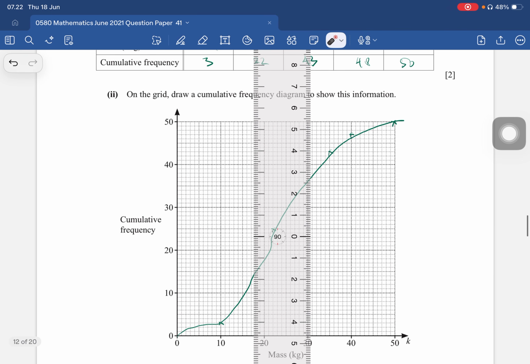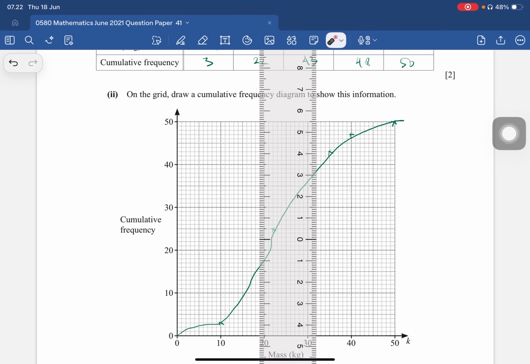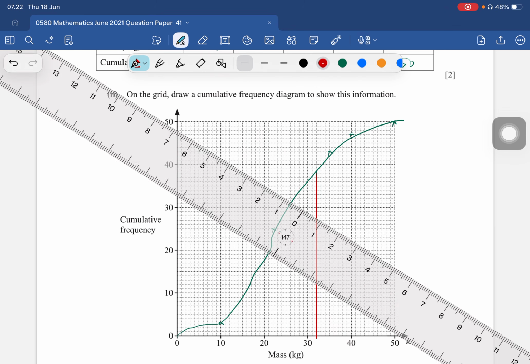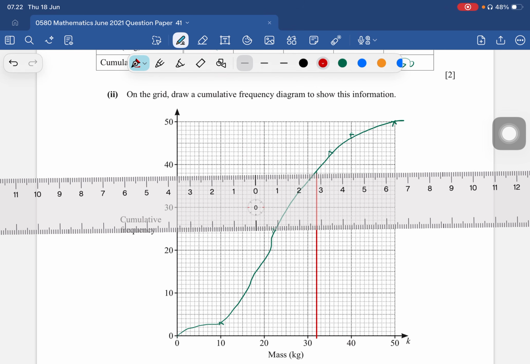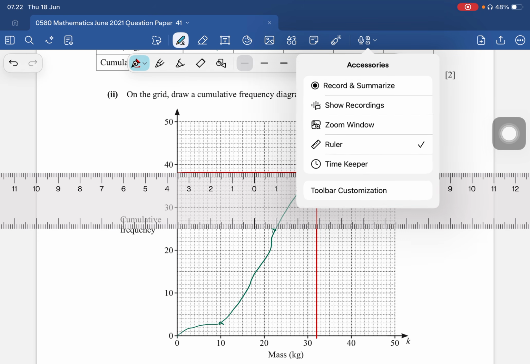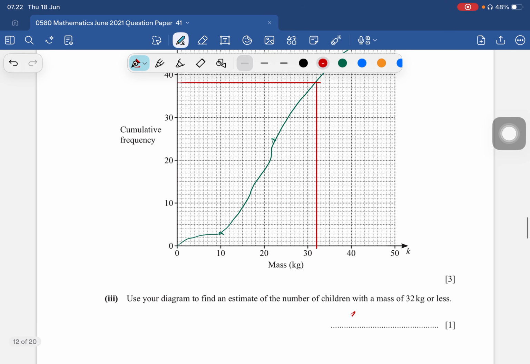So here it is, 32. Okay, the estimate is 38.